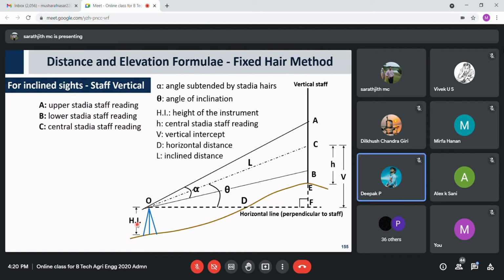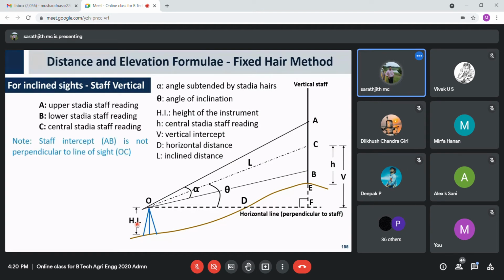One thing we have to see in this particular case is the intercept. The intercept is AB, as we studied yesterday. The intercept is the difference between the upper stadia staff reading and the lower stadia staff reading. This intercept is not perpendicular to the line of sight, which is OC.